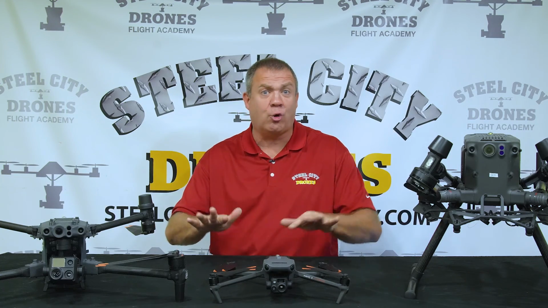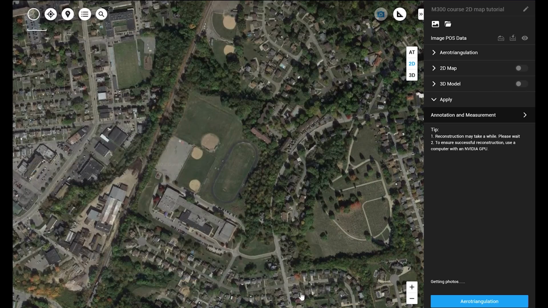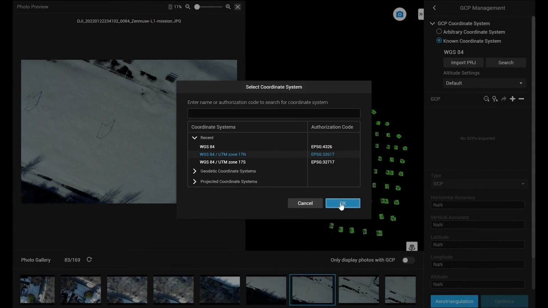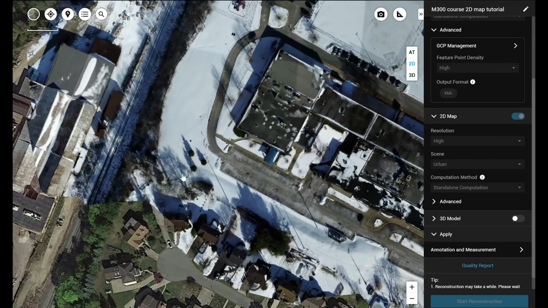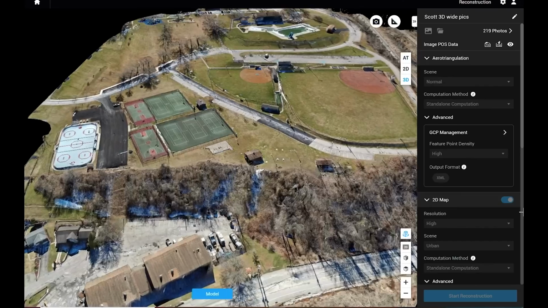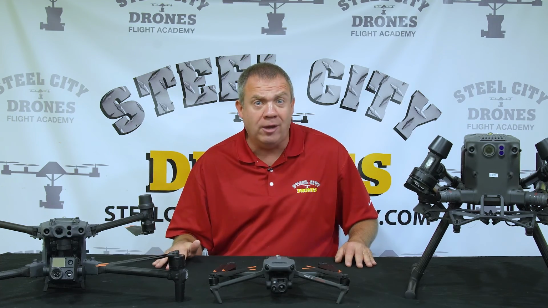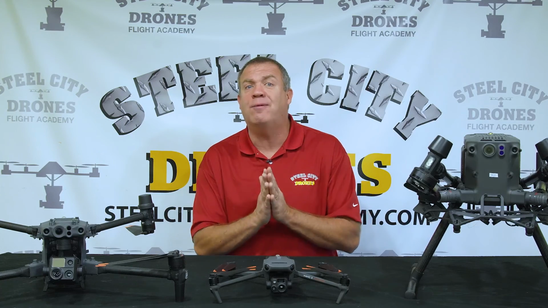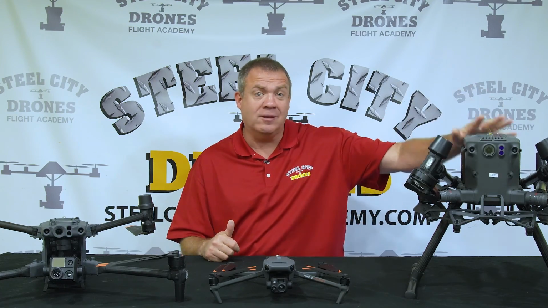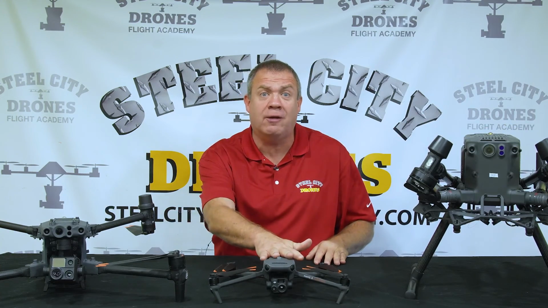All these aircraft are compatible with DJI Terra, where we can enter that very easily and produce 2D and 3D maps. And the quality of the 3D maps on any of these cameras, on any of these aircraft, are good. There's really no difference between even using this with the P1 and say this aircraft with either of these cameras.